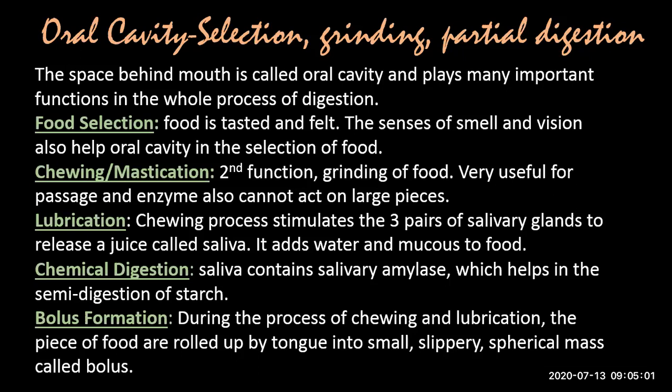It's a chemical digestion in which bonds are broken down and a big polymer is broken down into small monomers or dimers, right? So the oral cavity is the site of mechanical digestion and chemical digestion.